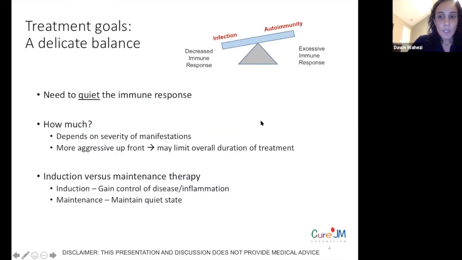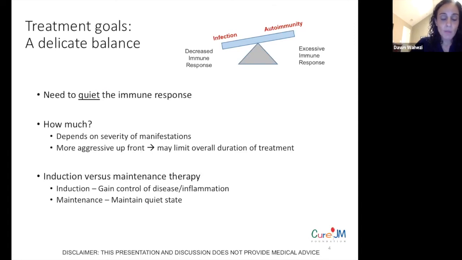We talked a little bit about how JM is an autoimmune disease and how the immune system is confused and attacking your child's body, whereas normally the immune system would fight off an infection. Here it's attacking the blood vessels, the skin, and the muscle, so we want to lower that immune response.